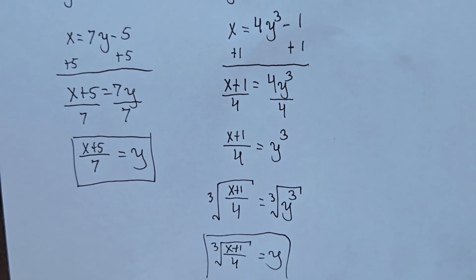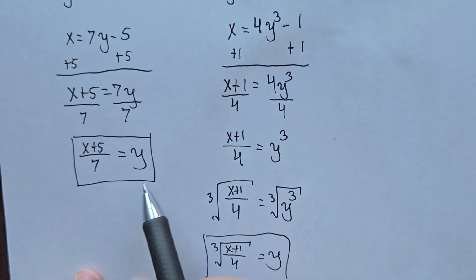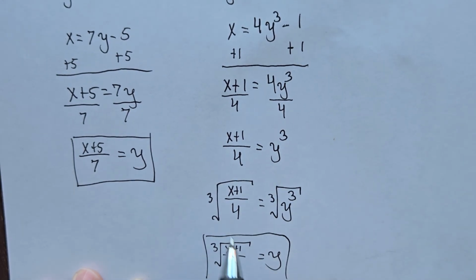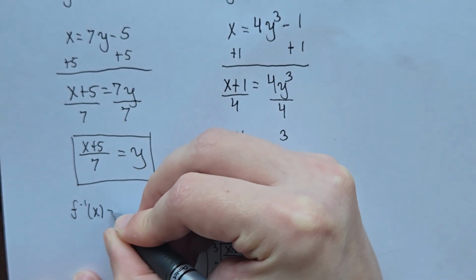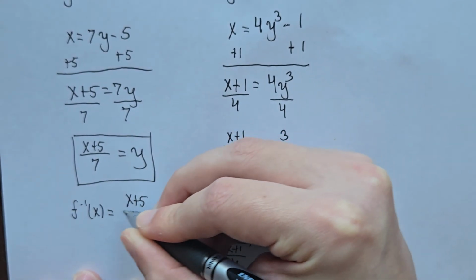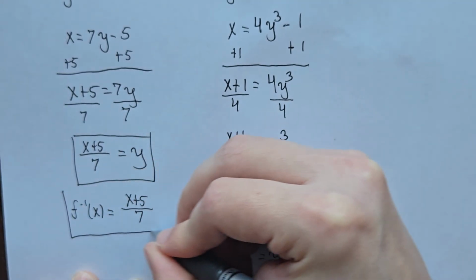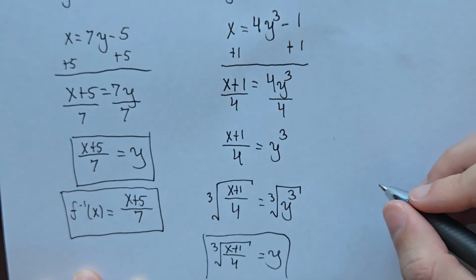I should probably go ahead and write f inverse because that is what it asked us to do for the last one. So this is the equation for the inverse, but just to give the actual inverse a name, I'm going to go back and do it for both of these. I could call this f inverse of x is equal to x plus 5 over 7. So that would be the actual function notation for that.